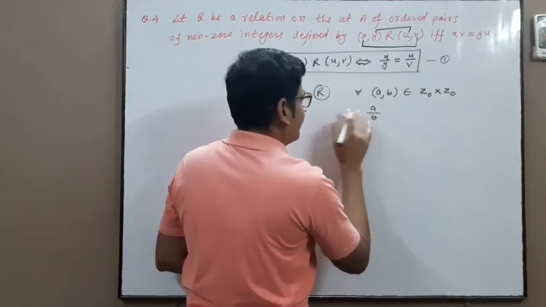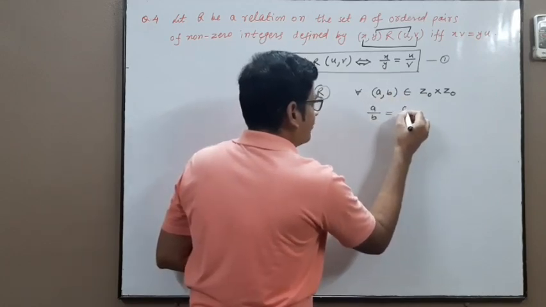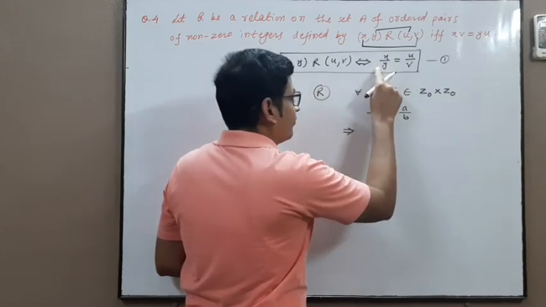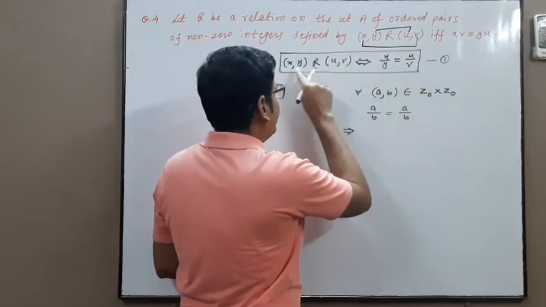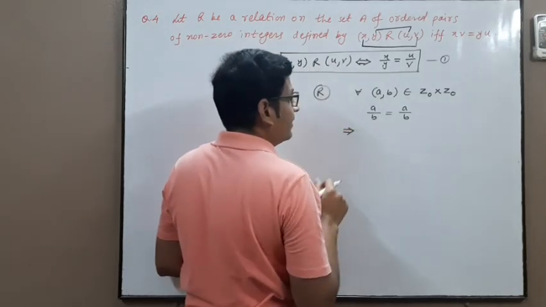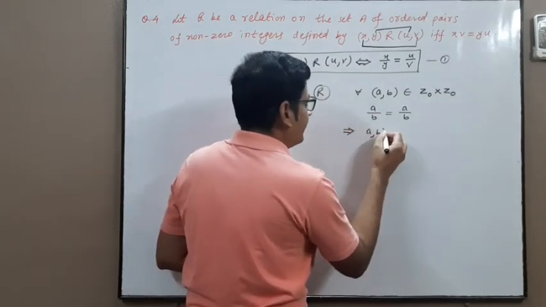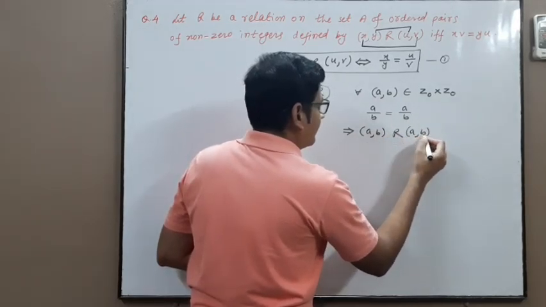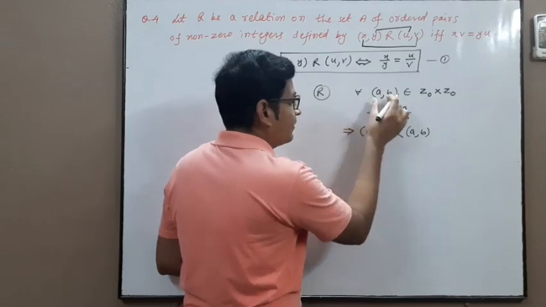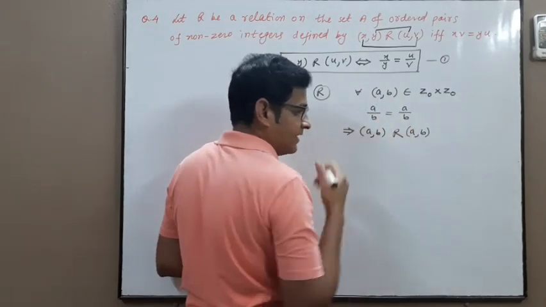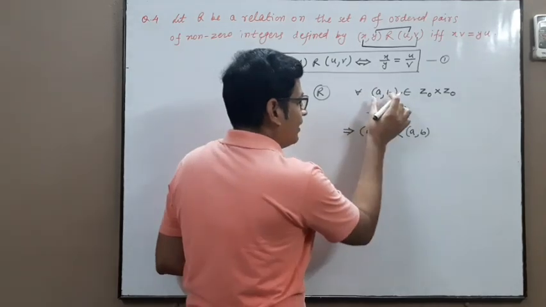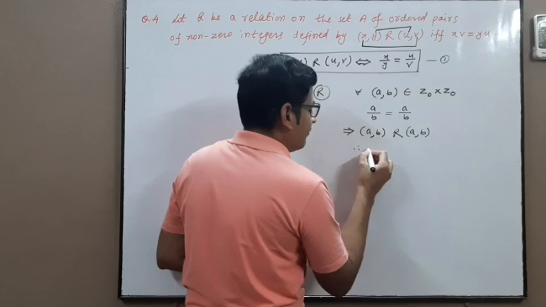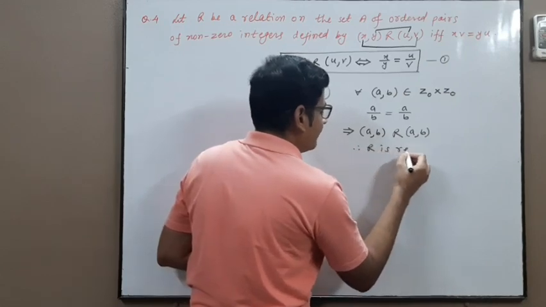For every (a, b) belonging to this, a upon b equals a upon b. By definition, x upon y equal to u upon v means (x, y) is related to (u, v). It means (a, b) is related to (a, b). So the definition is: for every x belonging to A, x is related to x, then the relation is reflexive. So (a, b) belonging to Z0 cross Z0, (a, b) is related to (a, b). Therefore R is reflexive.